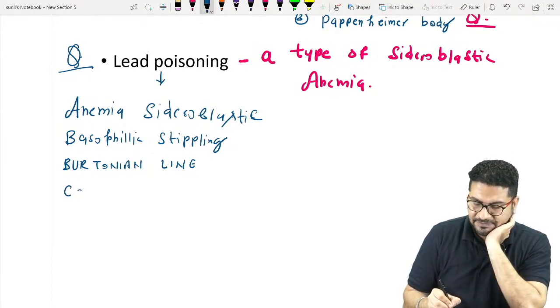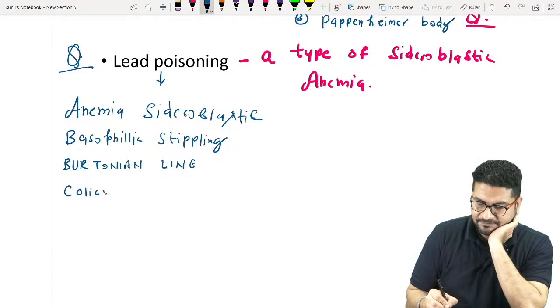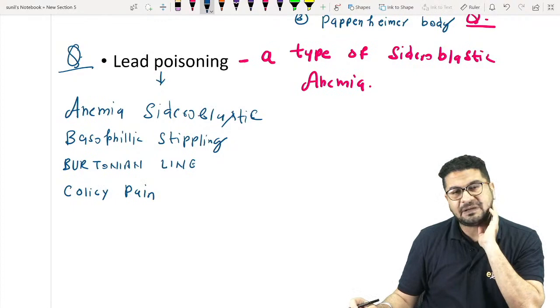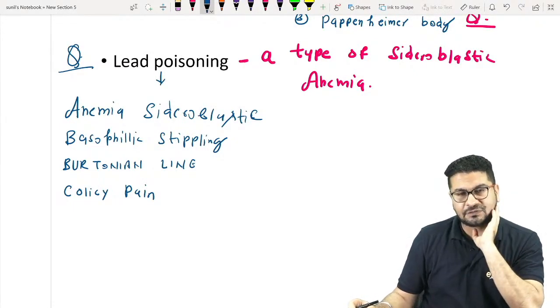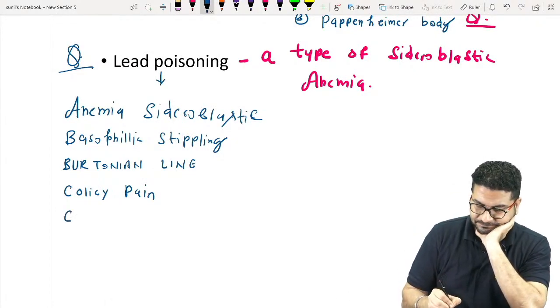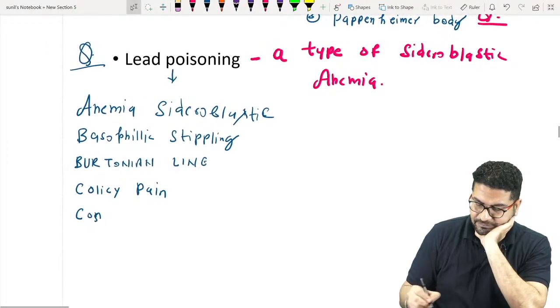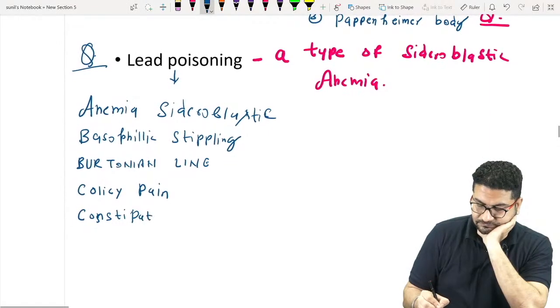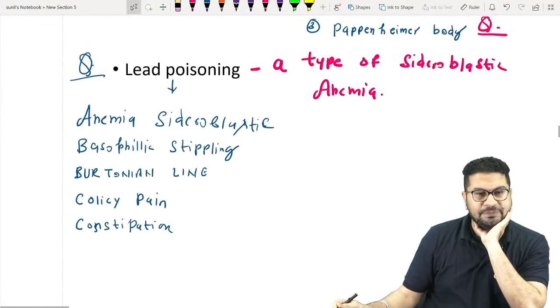Patients with lead poisoning will complain of colicky pain. Colicky pain means the patient will complain, I am having strong pain, like stone pain. A patient of lead poisoning will develop constipation.